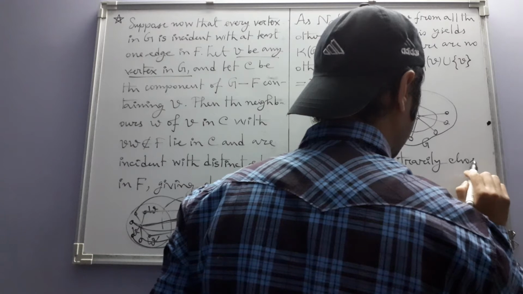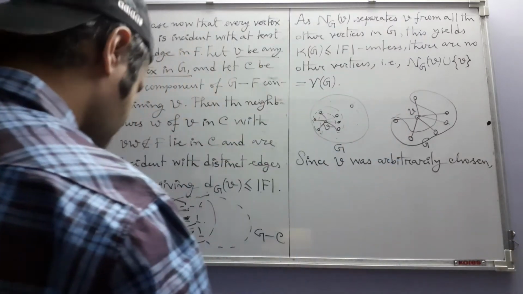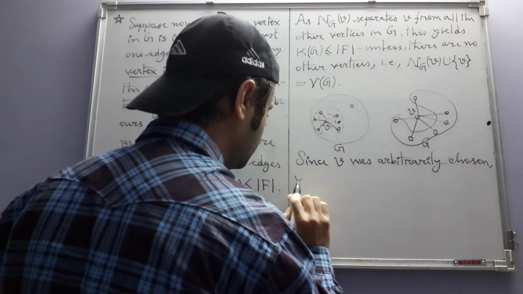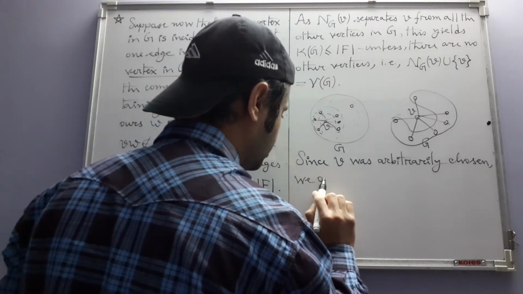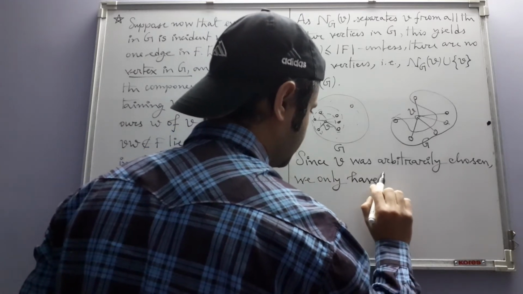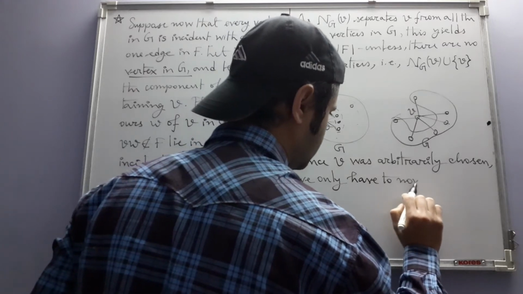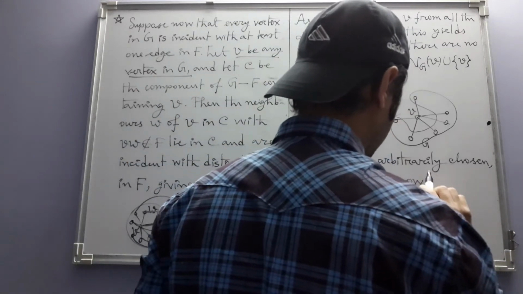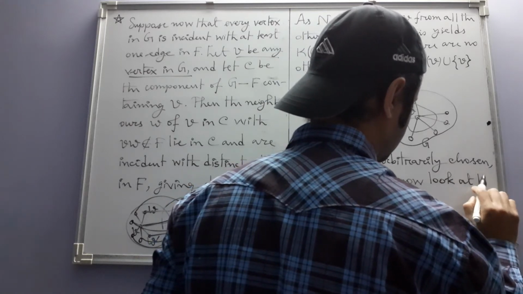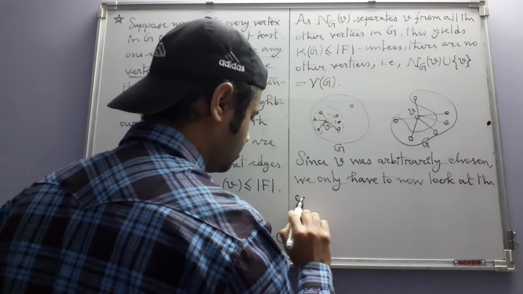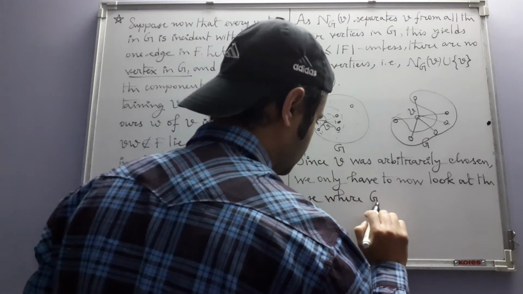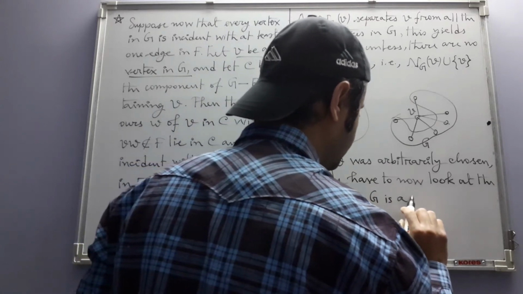Arbitrarily chosen, we only have to now look at the case where G is a complete graph.